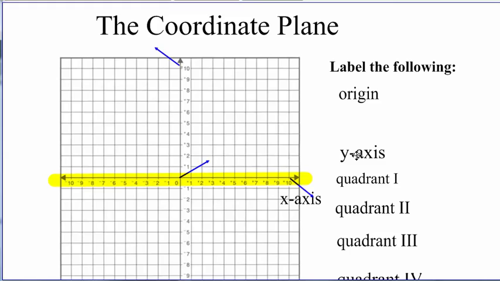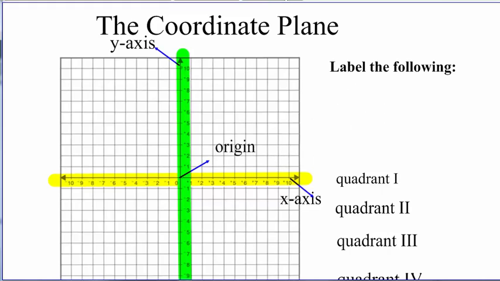And the y-axis is going to be the vertical line that is going up and down our coordinate plane here. So the origin, the point where these two lines are meeting, is located right here. And the coordinates at the origin are just going to be (0, 0). Because the x-coordinate is 0 here at the origin, and the y-coordinate is 0 here at the origin.